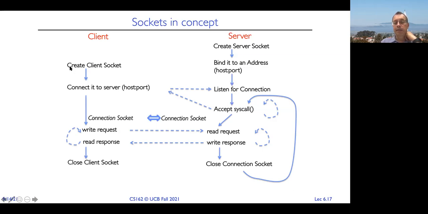The client creating the socket is equivalent to an open, and the server creates two sockets: one on which it is listening for requests for new connections, and then when it accepts a request, the accept syscall creates a socket for that connection, corresponding to the connection request from the client.